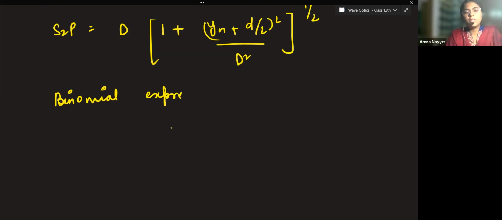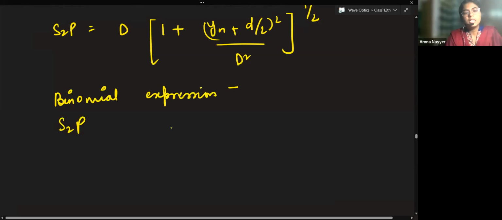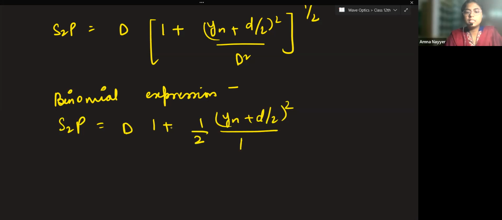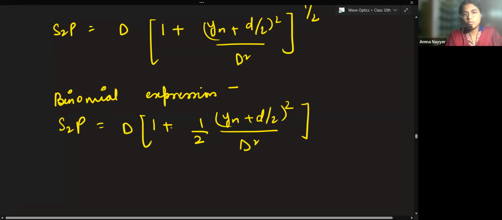If binomial expression is applied, S2P's formula will become D times 1 plus half (yn plus D by 2) whole square by D square. Now the equation of S2P is also obtained, so S2P is obtained and S1P is obtained.